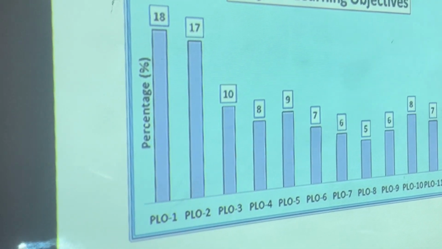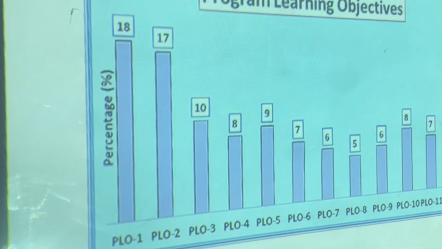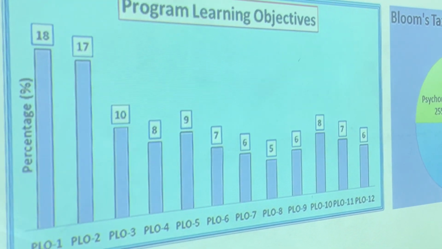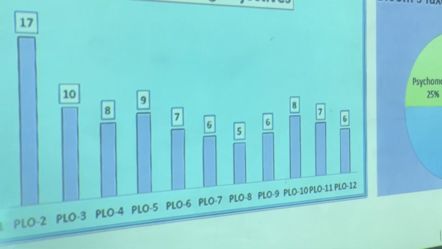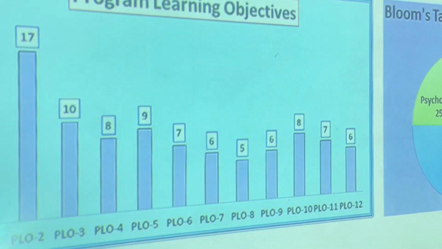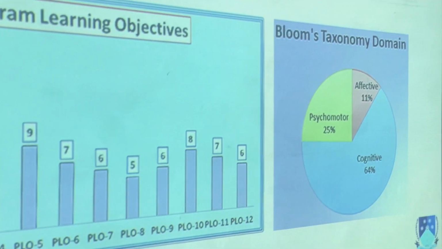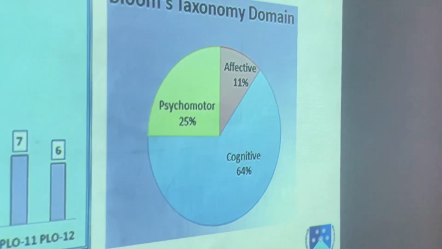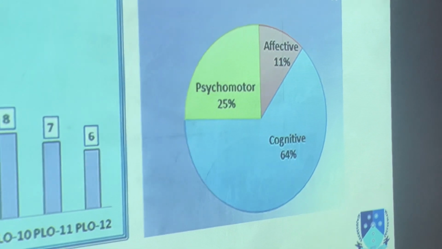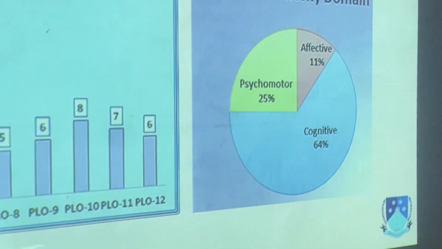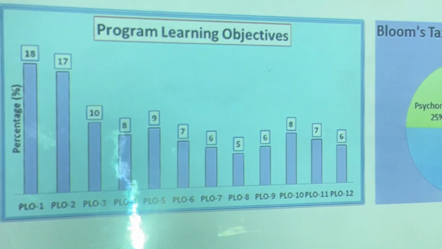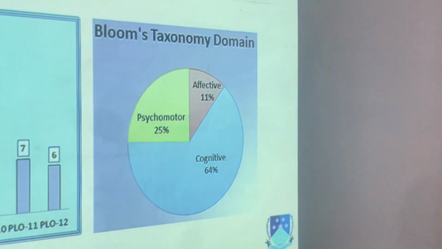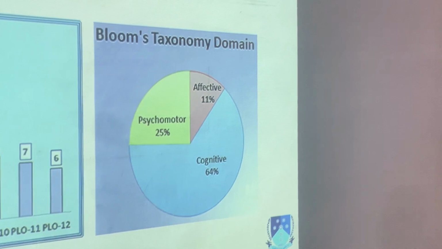PLO1 is hit the most, at 18%, and then 17%, because our courses mostly involve engineering knowledge: 65 to 70% of the courses are from the engineering background. And the psychomotor and affective domain is 11%. Before then it was less than 7 to 8%.